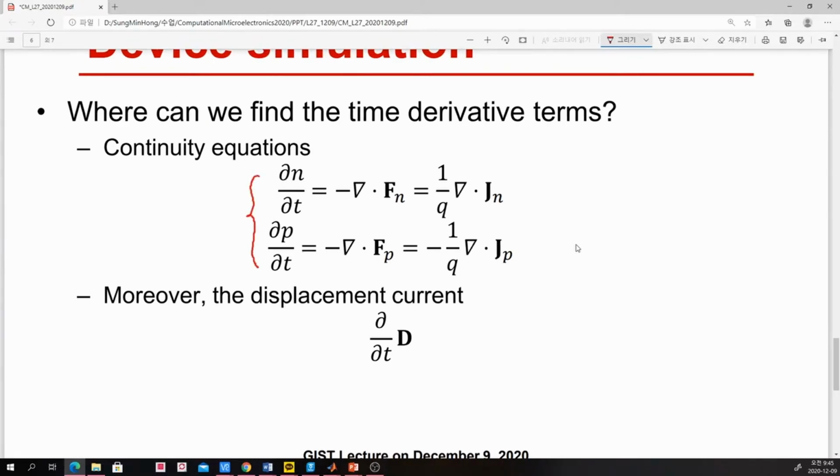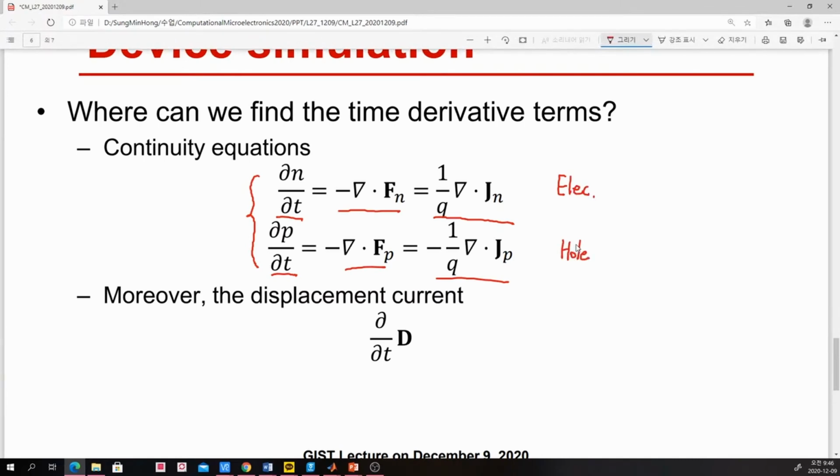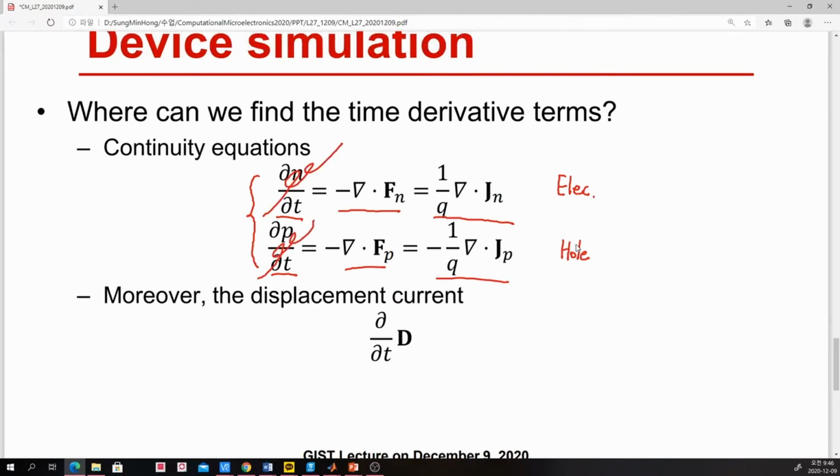So this is just the intermediate form, and you solve ∂n/∂t equal to 1 over q times divergence of Jn. So also you solve this equation. This is electron continuity and hole continuity. Previously, you neglected these terms with a magic word like steady state solution. However, now you have to consider them.